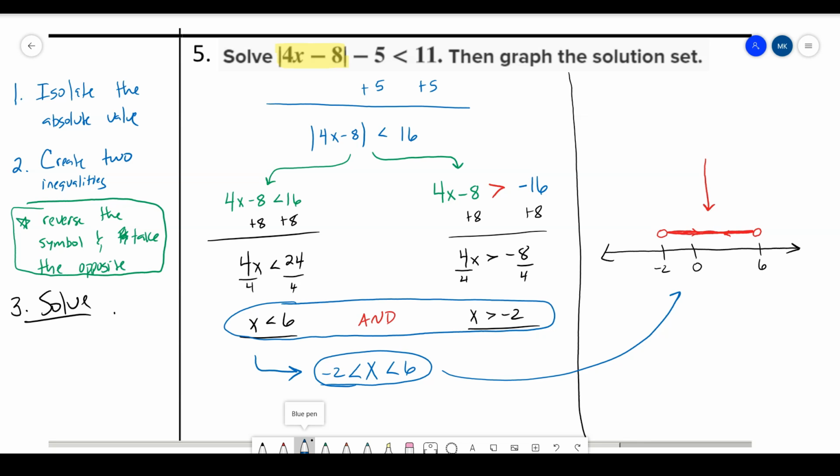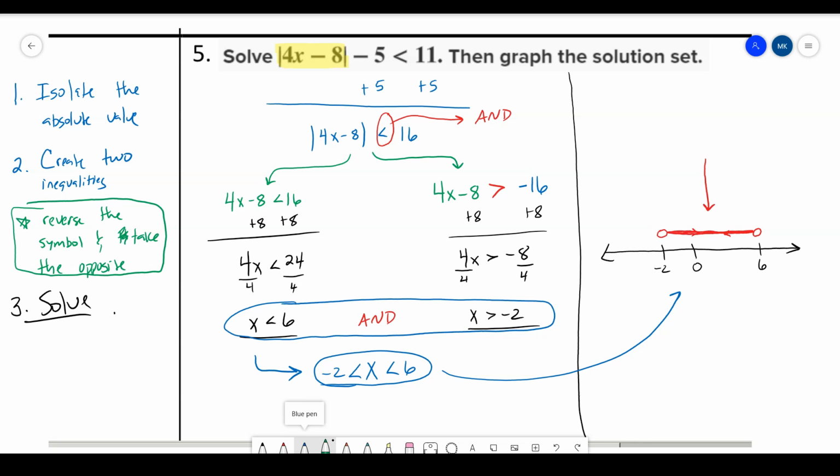A really easy way to remember if we're going to have a connected interval or a disconnected interval, at least the way I do it, is I look at the original symbol after step 1. If we have a less than symbol, it's always going to give us an AND inequality, always a connected interval, because we're saying this absolute value, this distance, has to be less than 16, less than this number from some sort of middle.